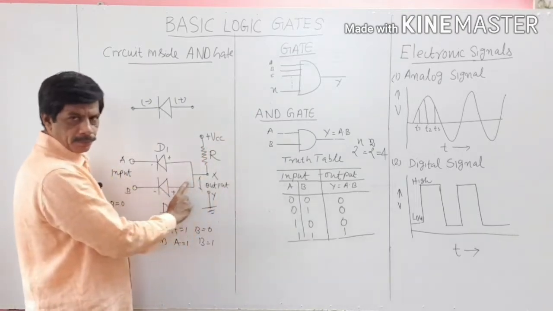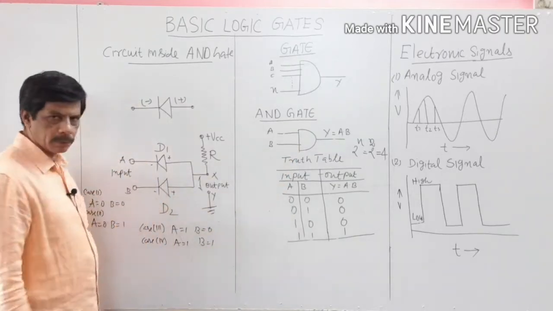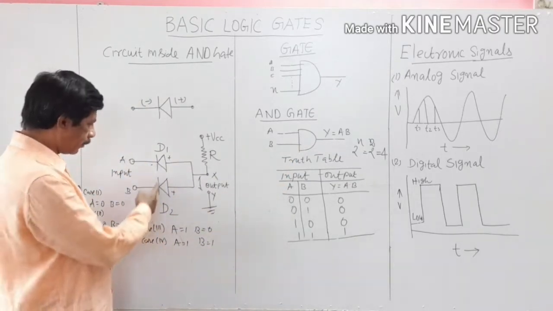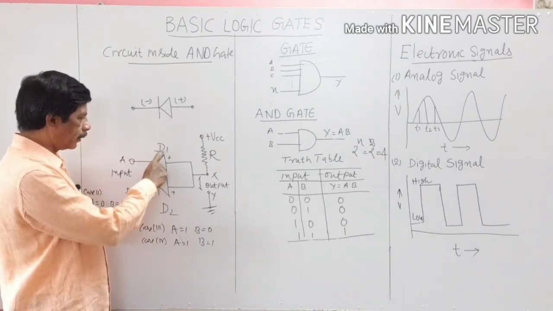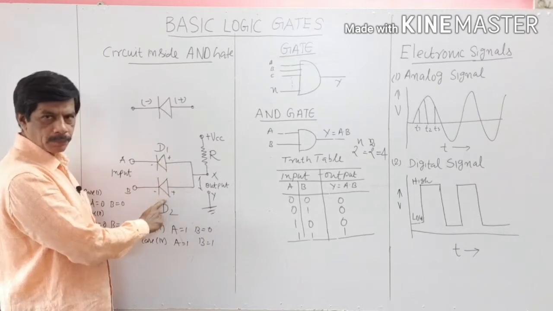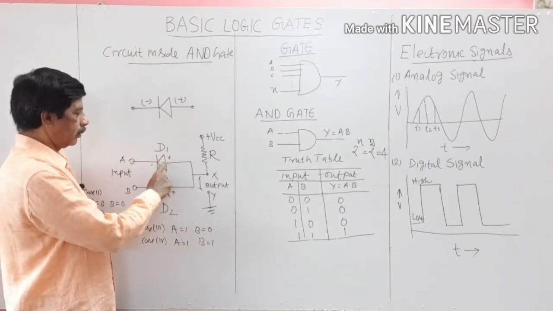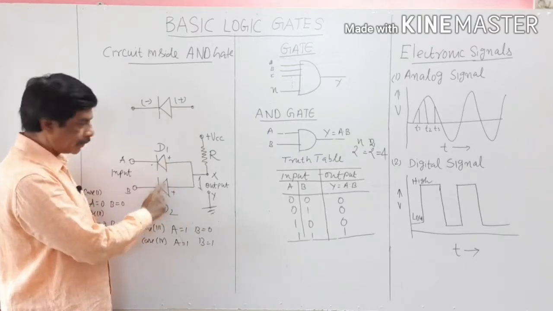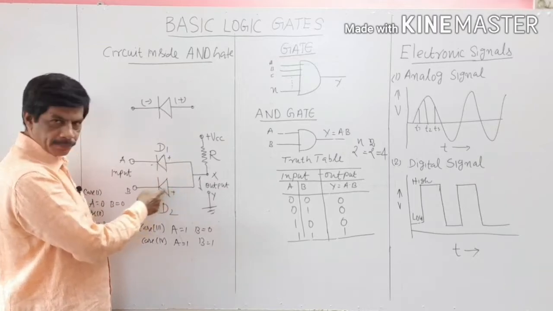The circuit inside the AND gate may be this one. This circuit consists of two diodes, namely D1 and D2. The anodes of both diodes D1 and D2 are interconnected.